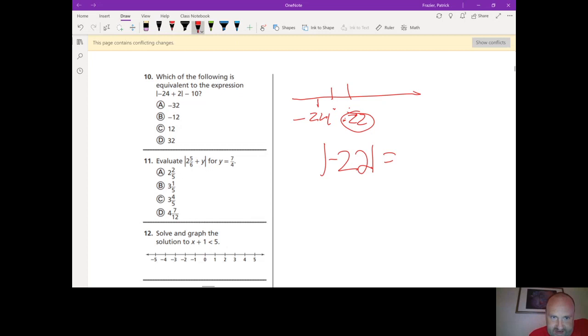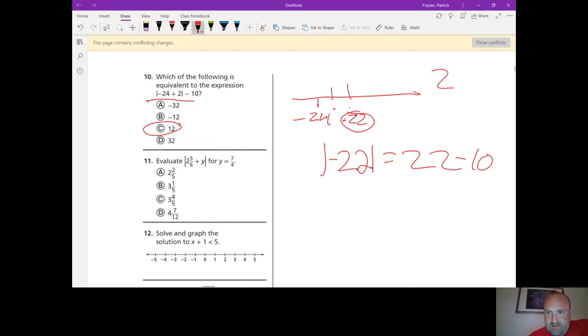Well, the absolute value of negative 22 is positive 22. But of course, our problem is negative the absolute value of negative 24 plus 2, which is negative positive 22 minus 10. So positive 22 minus 10 is going to be positive 12, because we're just going down by 10.